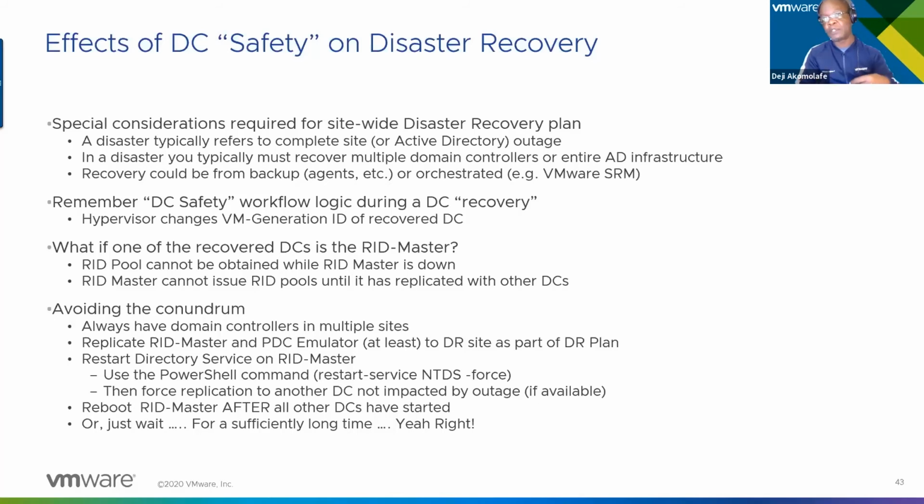You will have to either use a PowerShell command, restart-service ntds -force, or you may have to just keep rebooting it multiple times before the service starts. Well, you could just wait for a long time. Well, in a disaster recovery event, that's the last thing you want to do. So please be conscious of the effect of VM generation ID on a disaster event.